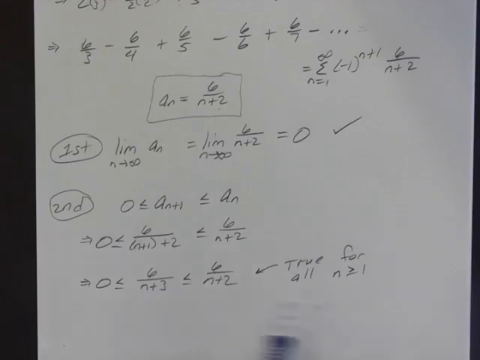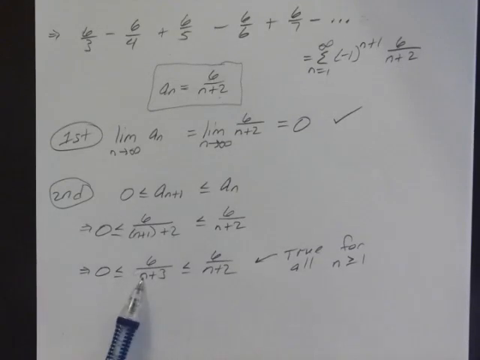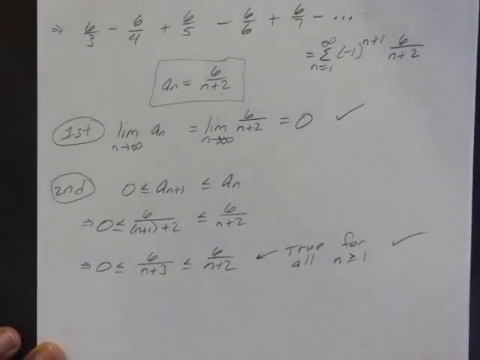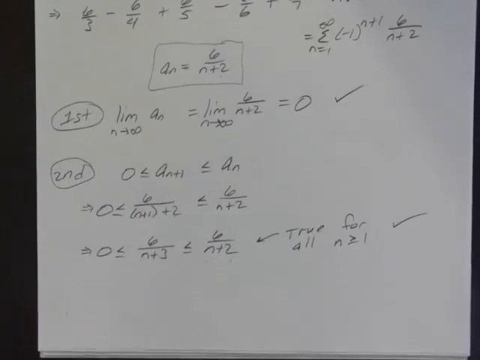Like I said, you can always plug in a few test values just to make sure. Plug in n equals 4. 6 divided by 7 is less than 6 divided by 6, which is 1. So we know that's true. Plus, if you keep on going, it does the same thing. Okay, so we know the second condition is met.